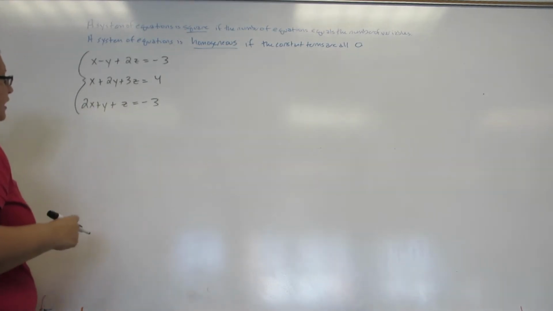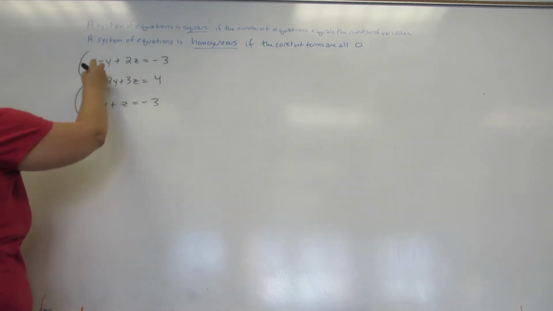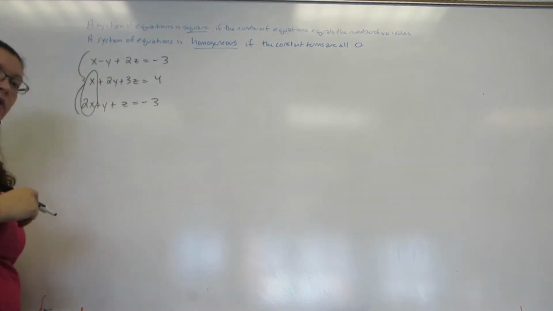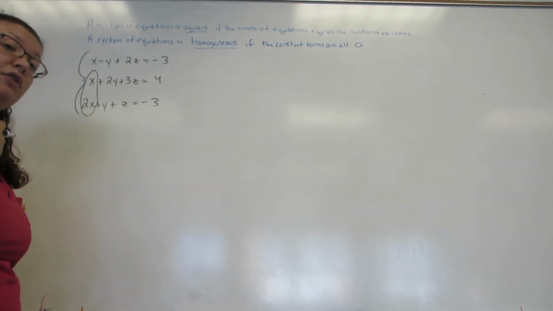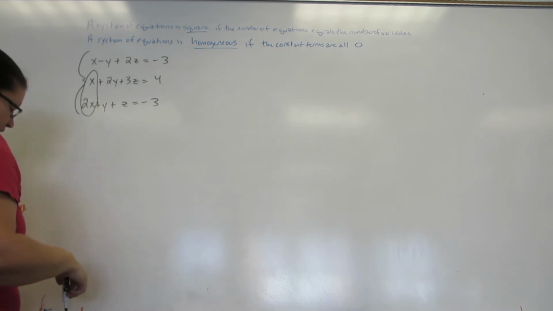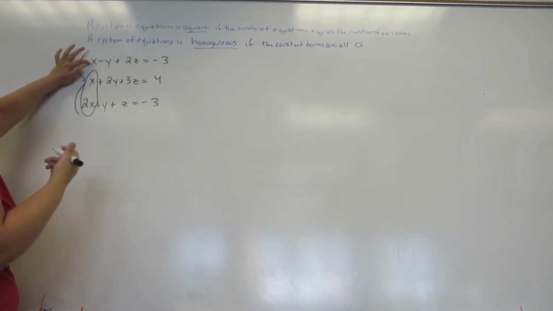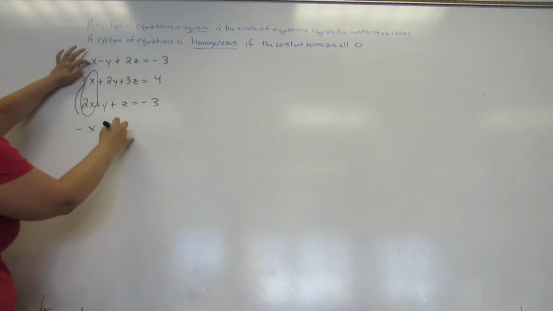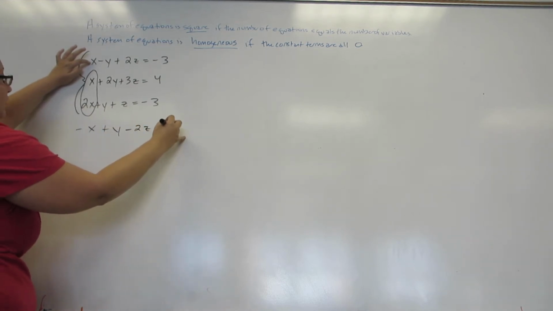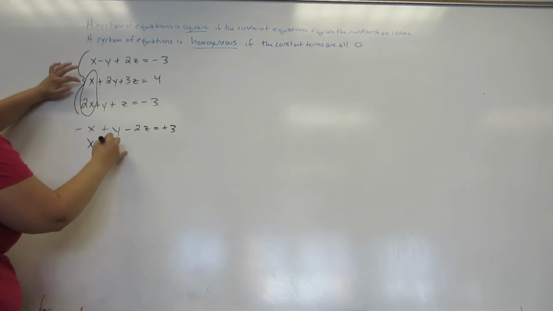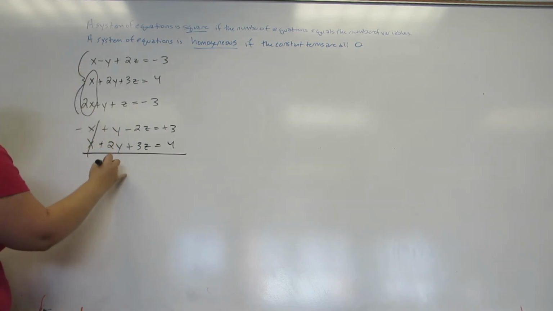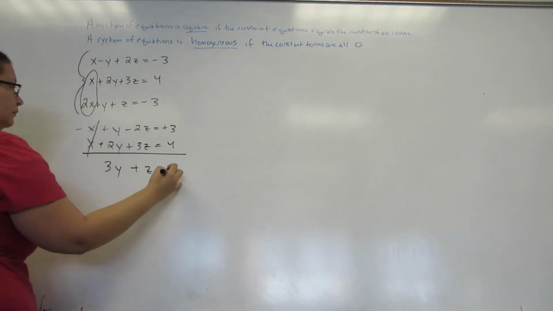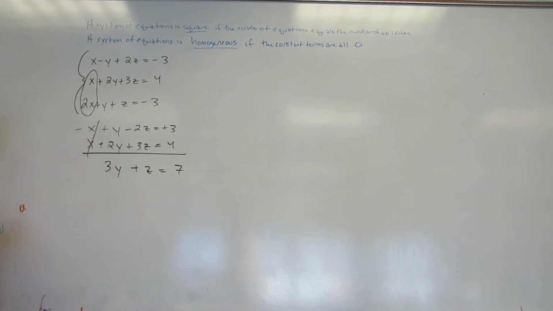I look at this and I say, I want these 2 x terms to disappear, so that x is only present in the first equation. So I'm going to use elimination to do that. I notice that if I multiply the first equation by -1 and then add it to the second equation, my x terms cancel, and I get an equation without x in it.